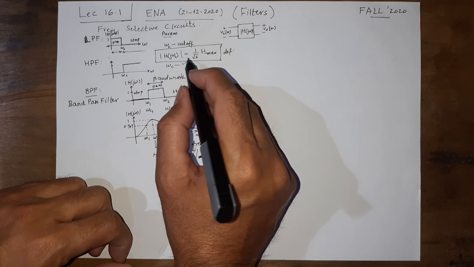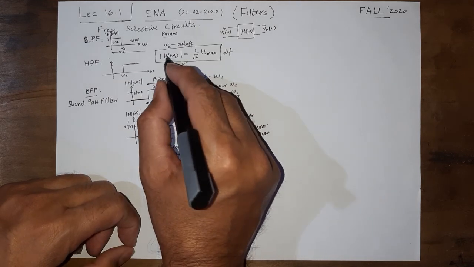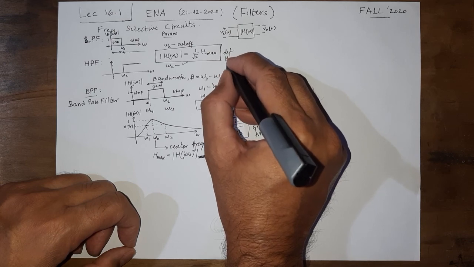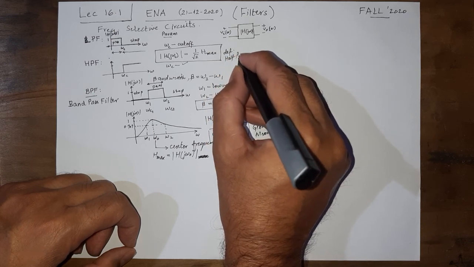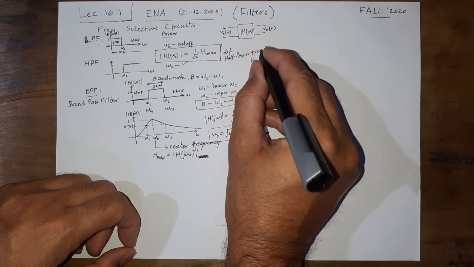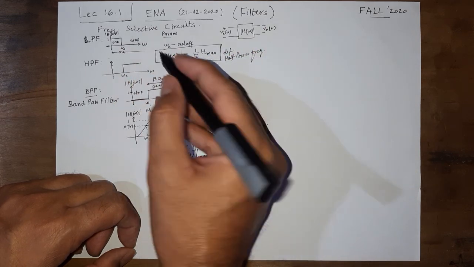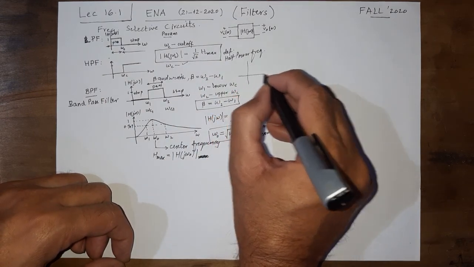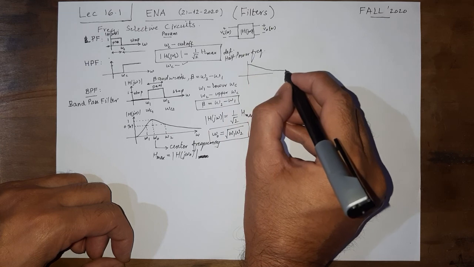One very important point that I just remembered is that this cutoff frequency is also known as the half power frequency. When they were deciding on what to call the cutoff frequency for a practical low pass filter, for example, a practical low pass filter would be something like this.